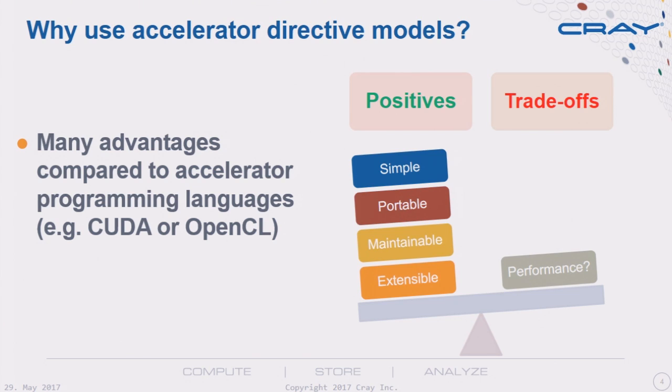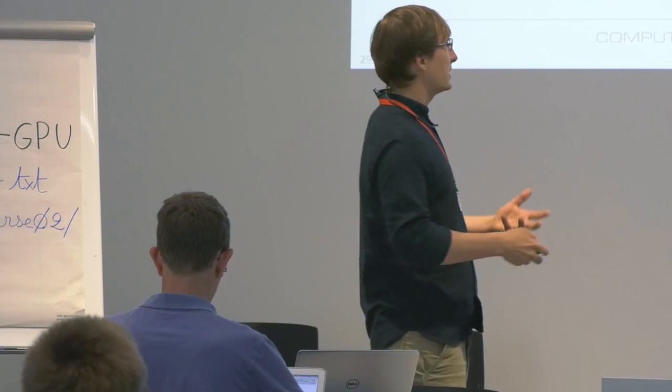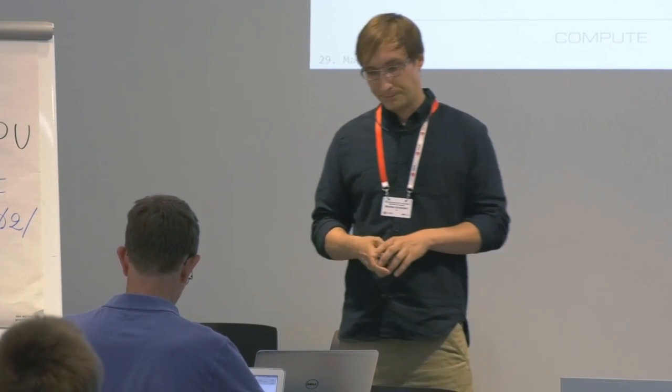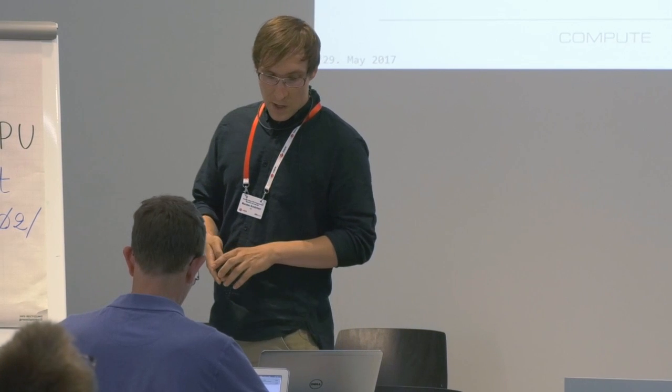Since they are easy to program, they are also easy to maintain. Compared to low-level models like CUDA and OpenCL, you have fewer statements, so you can more easily adapt and tune them.